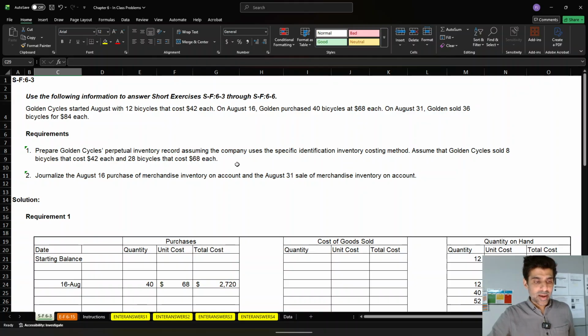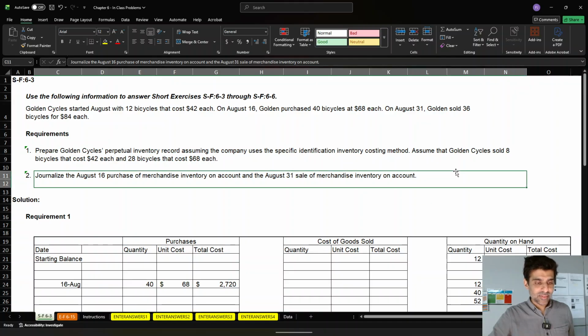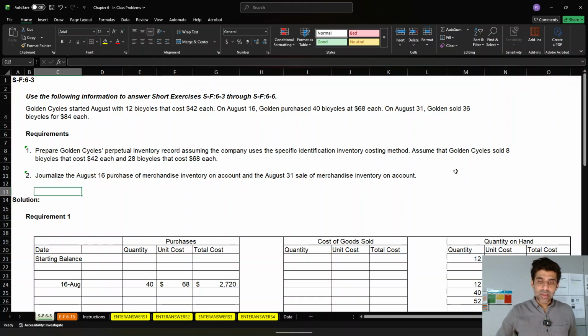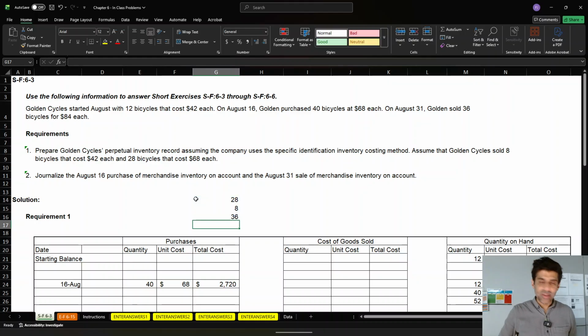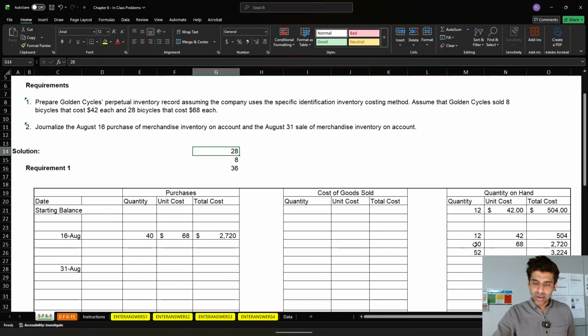Okay, so it's saying that we sold 8 at 42 and 28 at 68. So let's just be clear. We sold 36 total. 28 plus 8 is 36. So this is how we're accounting for those 36 units. Okay, 28 of them were from this bucket basically.